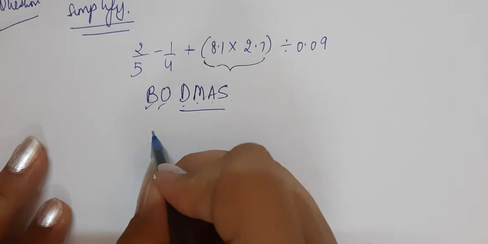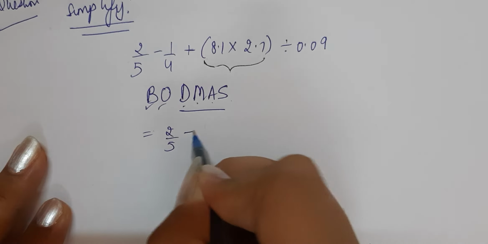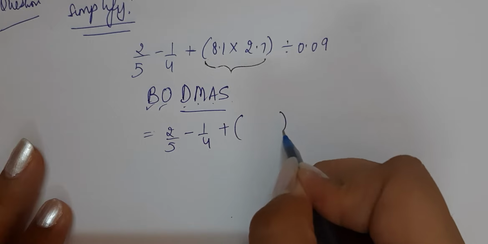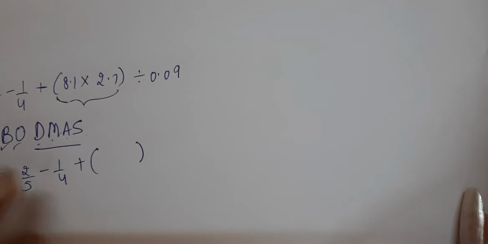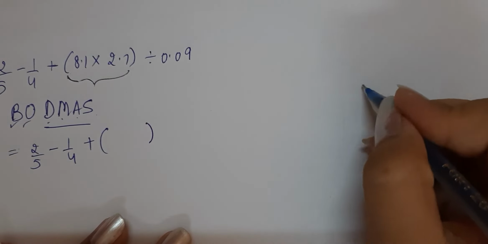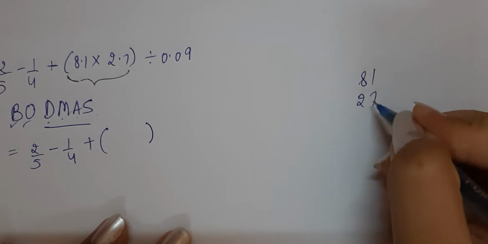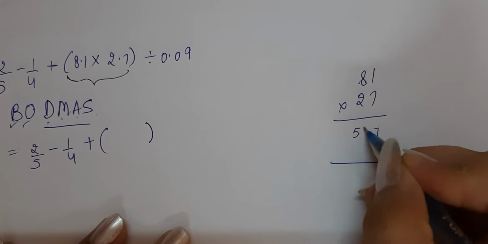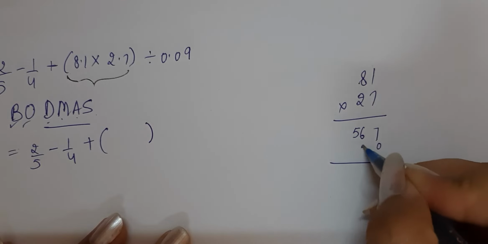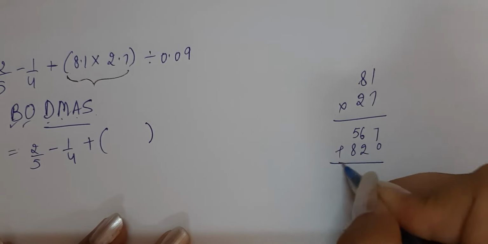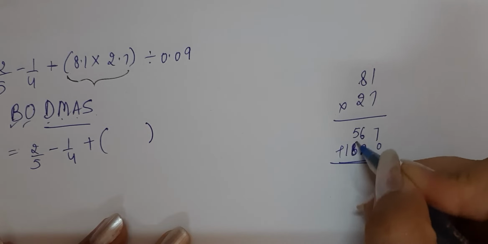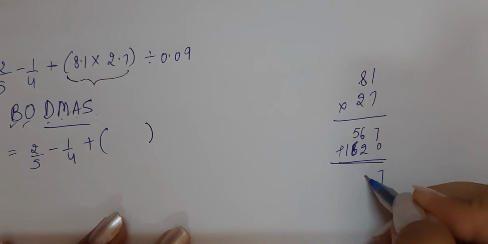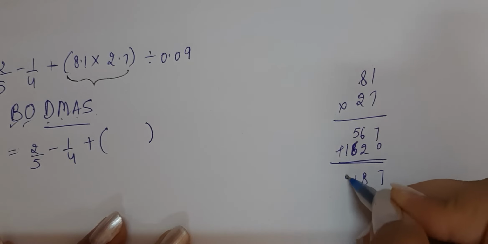So 2 by 5 minus 1 by 4 plus, I will then solve this. You can find the answer in rough also if you want. So 81 into 27, let us find out the answer. 7, 56, 0, 2, 8 or 16, then 7, 8, 1, 2.